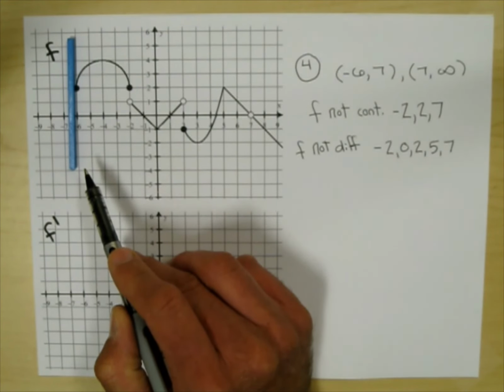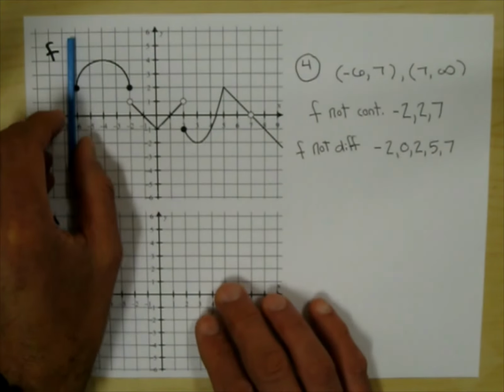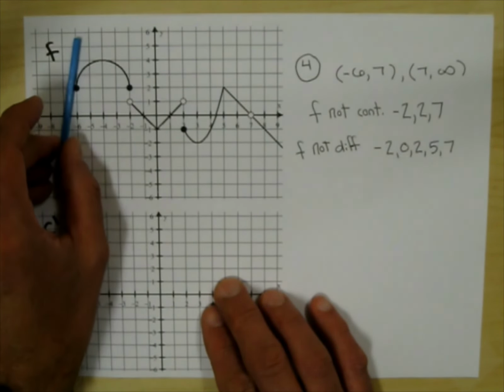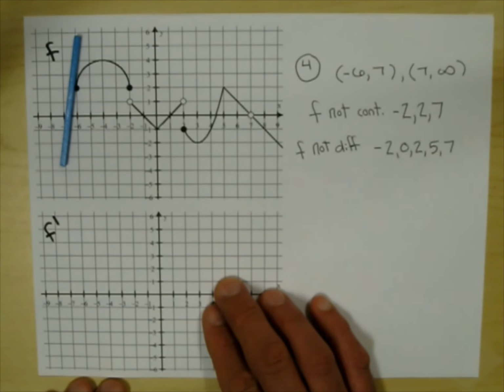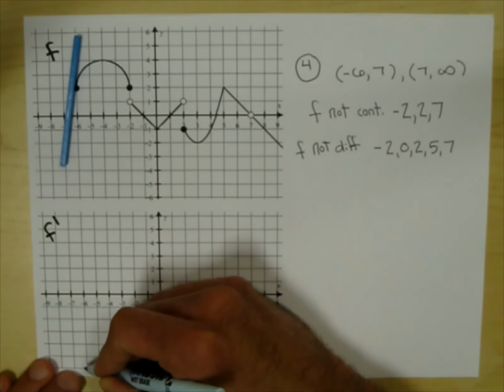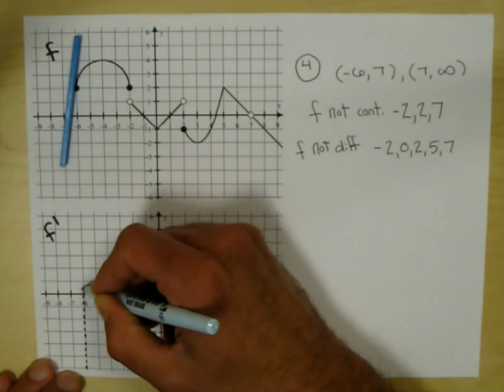So right there you've kind of got a vertical tangent, and if you just move slightly to the right, now your tangent's like a trillion. Okay? So what we're going to have at -6 is a vertical asymptote.